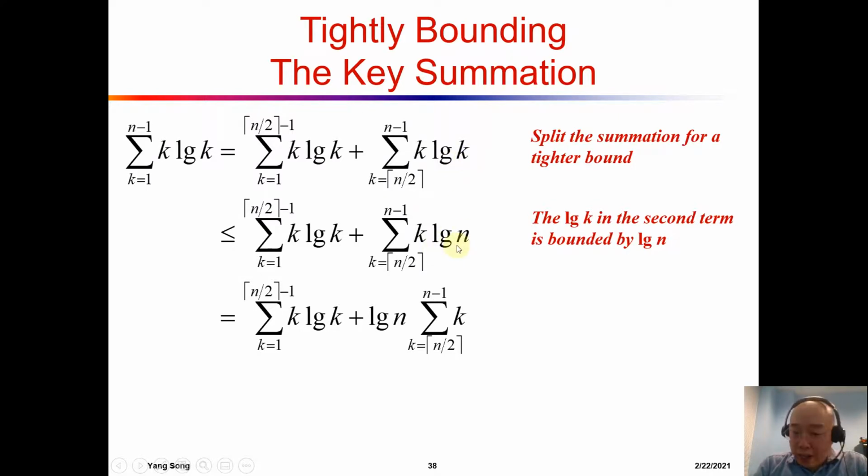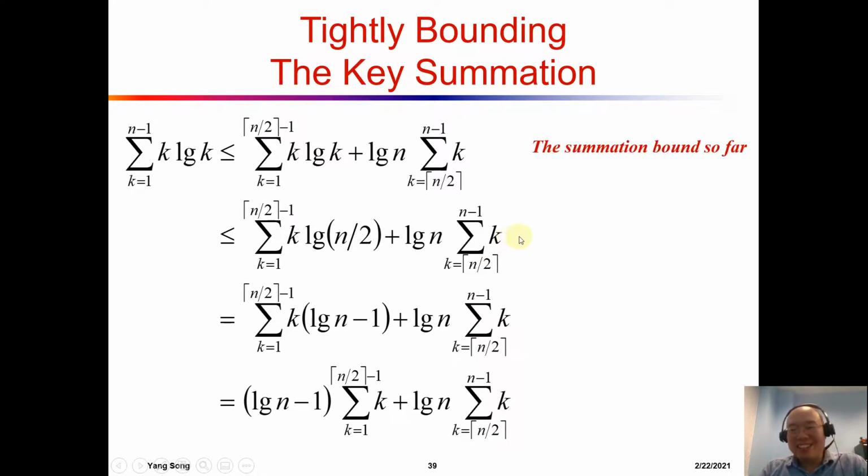The log n doesn't have the k inside it, so I want to extract the log n outside of this summation. So ta-da, we got the summation a little bit smaller, so hopefully that's easier.